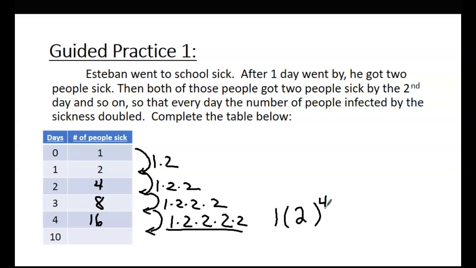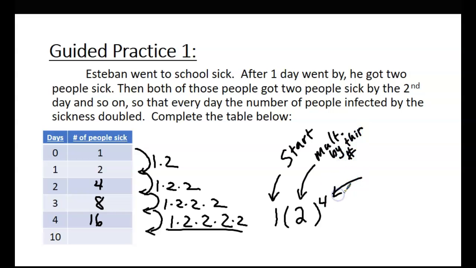This is an exponential function. What did that number represent? Well, that number in the front represented our starting amount, right? This represented what we were multiplying by repeatedly, right? And what this number represents is how many times we multiplied, right?